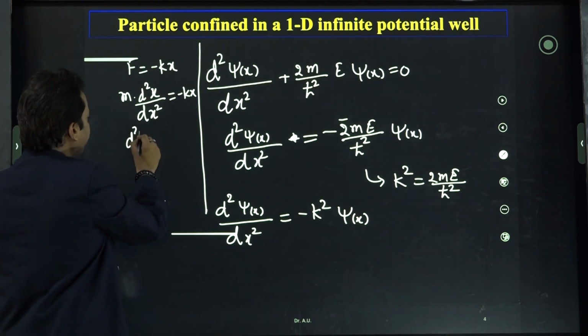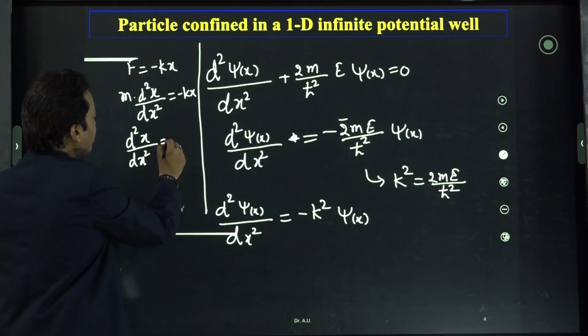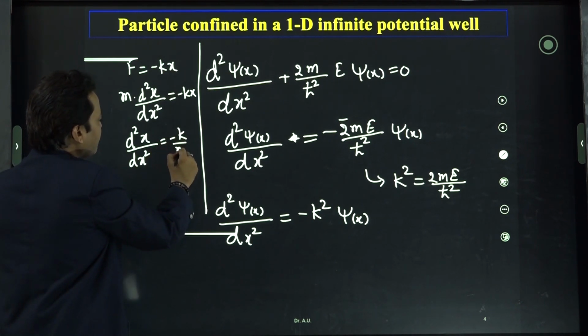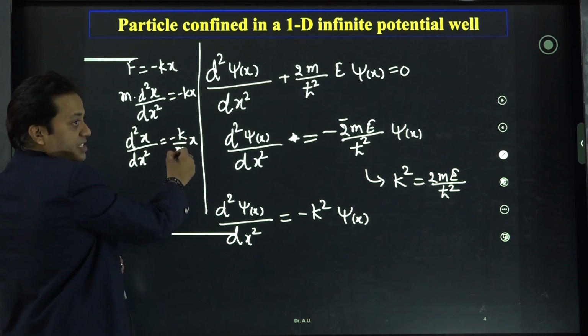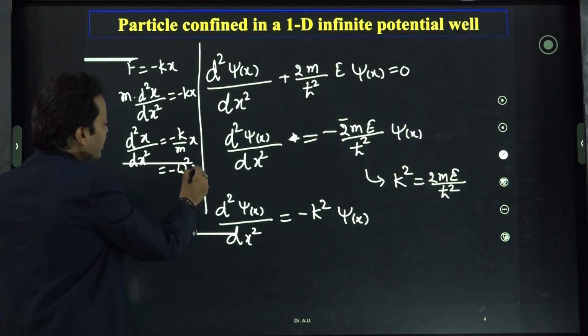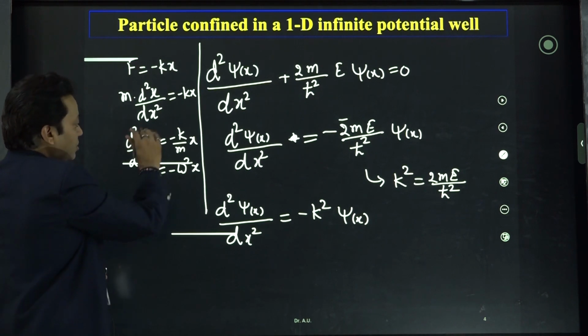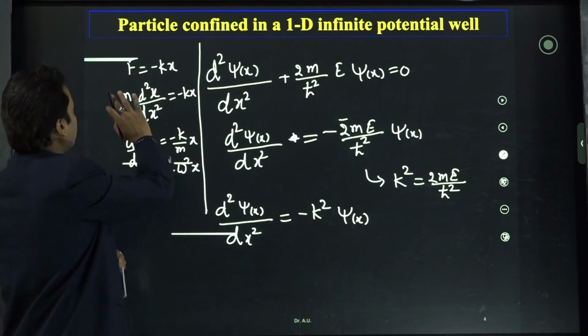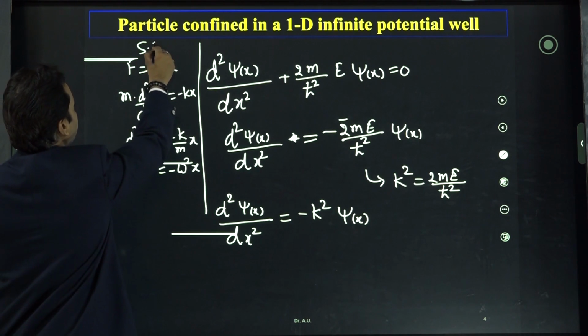So, I can write d2x over dt square is equal to minus k by m of x. This k by m we can write as minus omega square x. So, this is the general simple harmonic motion.